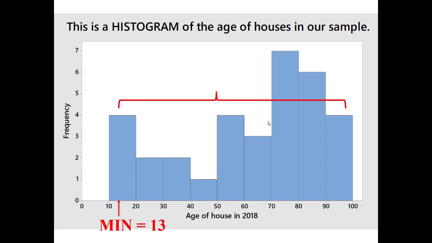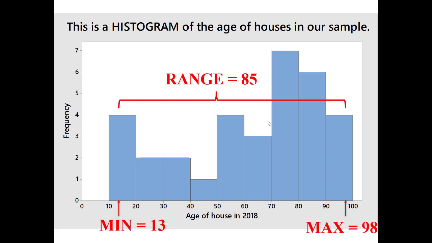What I'm showing here is the minimum value was 13 years, so the youngest house was 13 years old. The oldest house was 98 years old. So the distance between 13 and 98, remember we calculated this to come up with the range, was 85 years. So the range is 85 years.